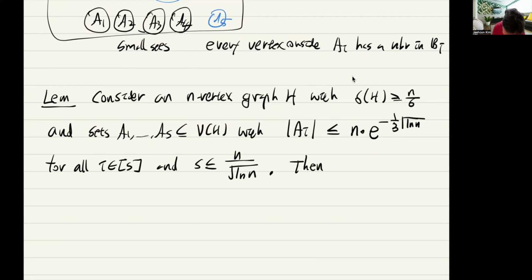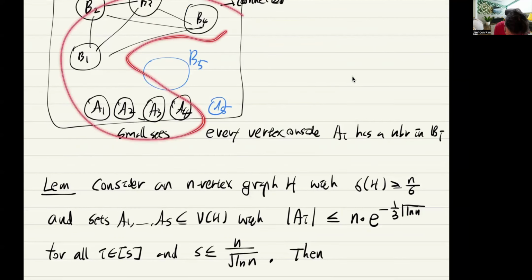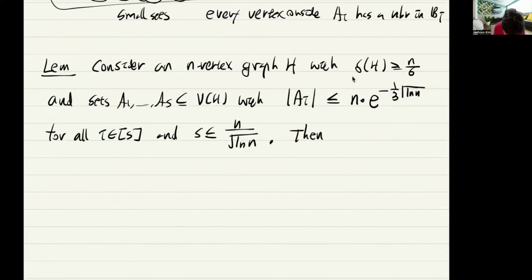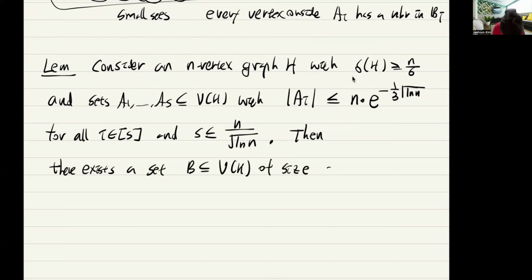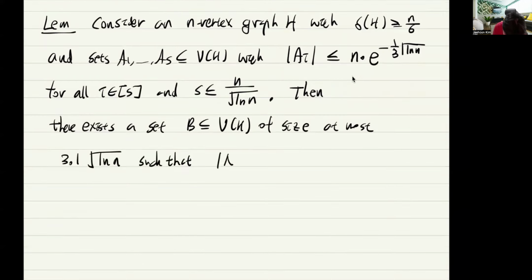This is the situation here, and we want to show that there exists a set B of size at most 3.1 times square root of log n, such that the neighborhood has size at least 1 minus e to the negative square root of log n divided by 3, times n.